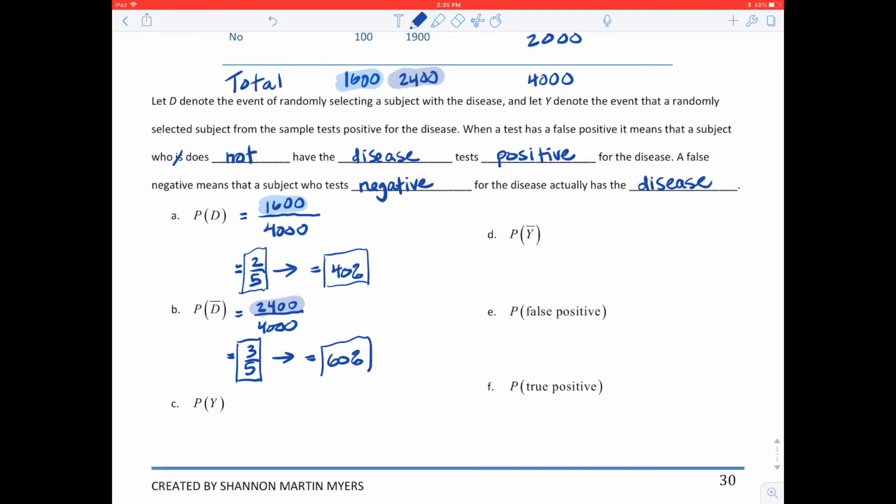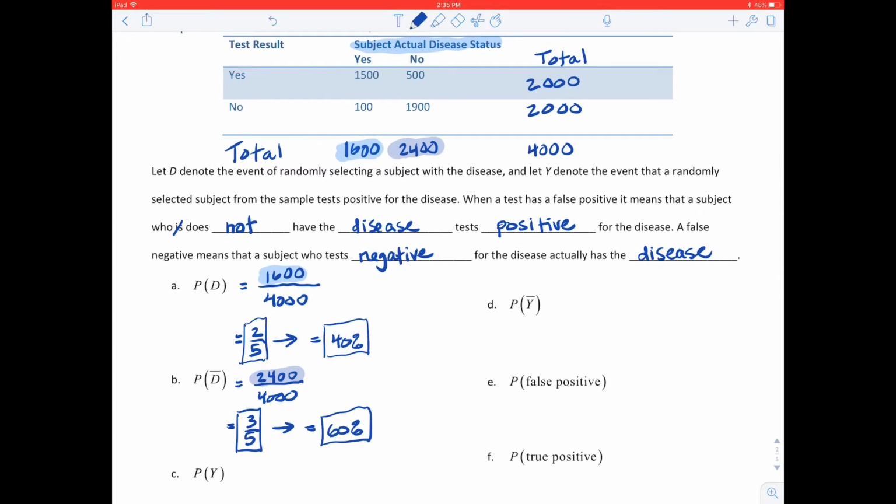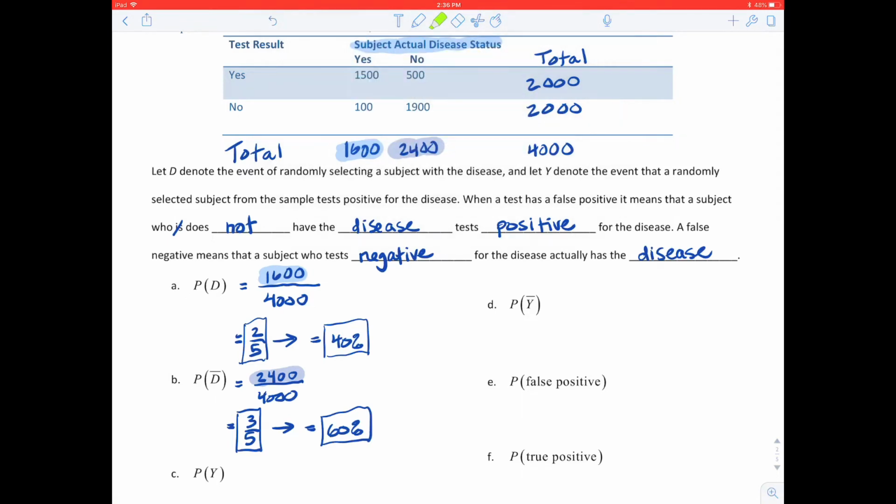Okay, so far? All right, so those are some probabilities that we've had. Not so bad, a lot of information, but not so bad. Now let's also look at the probability that somebody from the study gets a positive test result. So here, positive test result would be a yes on your test result.